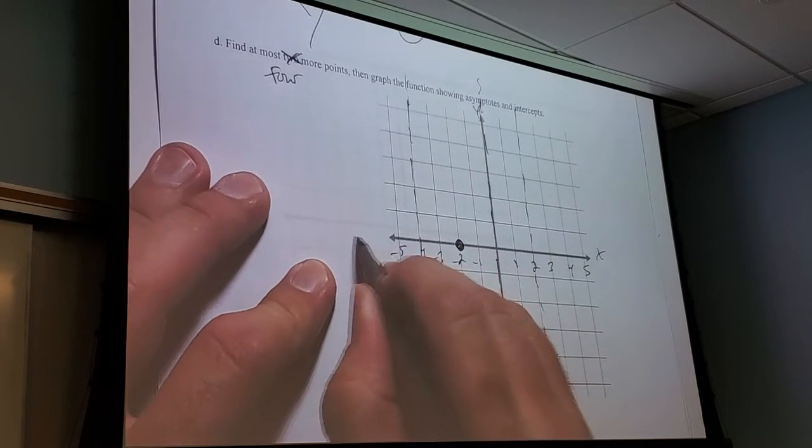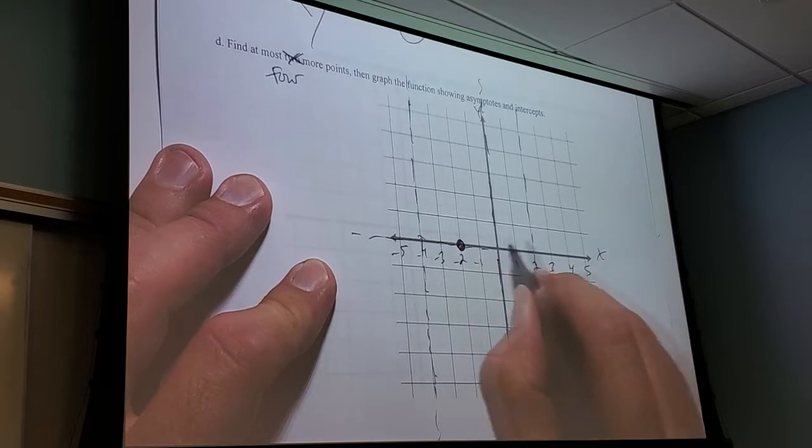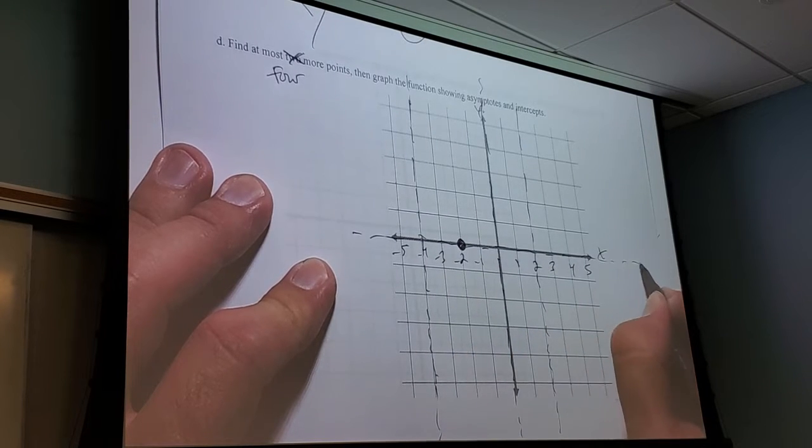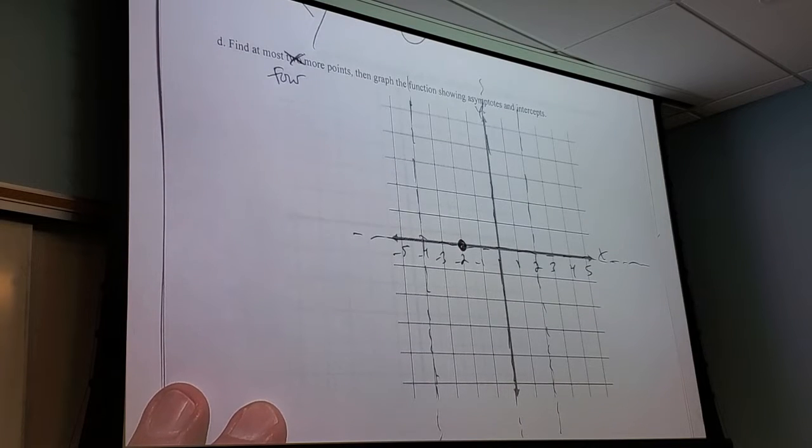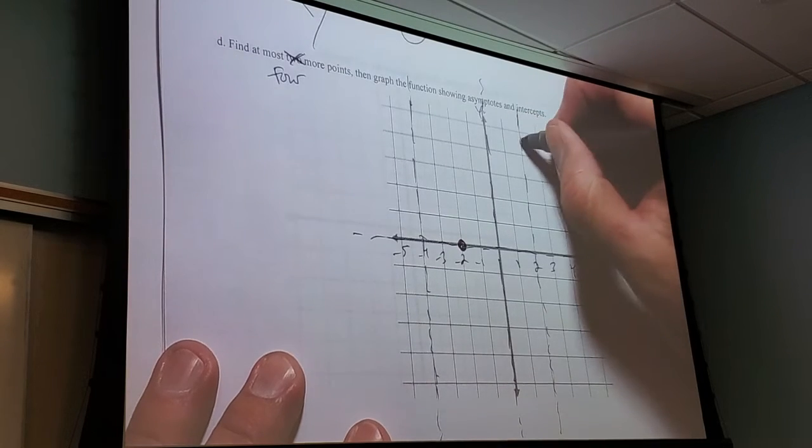Then my horizontal axis, what is y equals 0, so that's here. Let's see those. I should be doing this darker pattern.